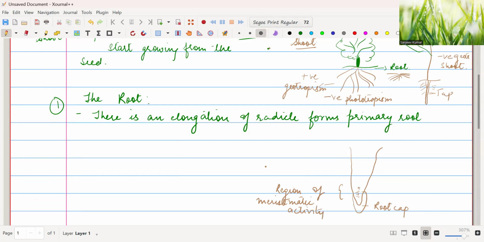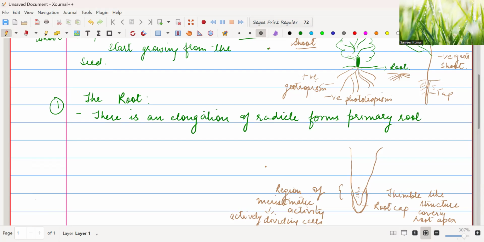Meristematic activity means they are actively dividing cells, as well as there is a thimble-like structure which protects the tip of the root, covering the root apex.